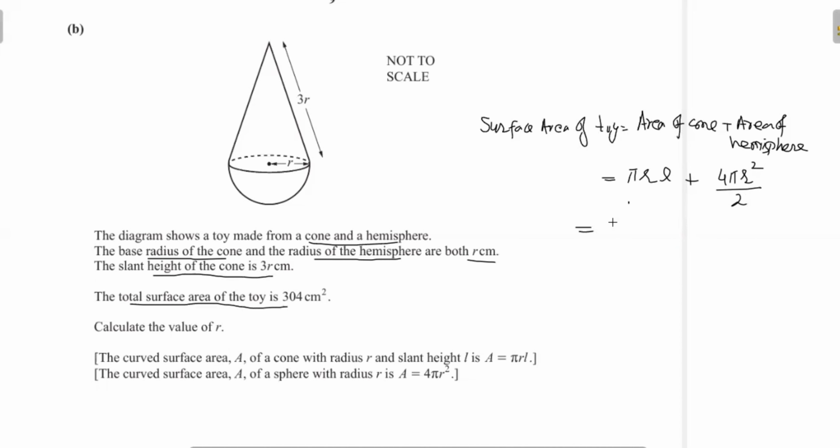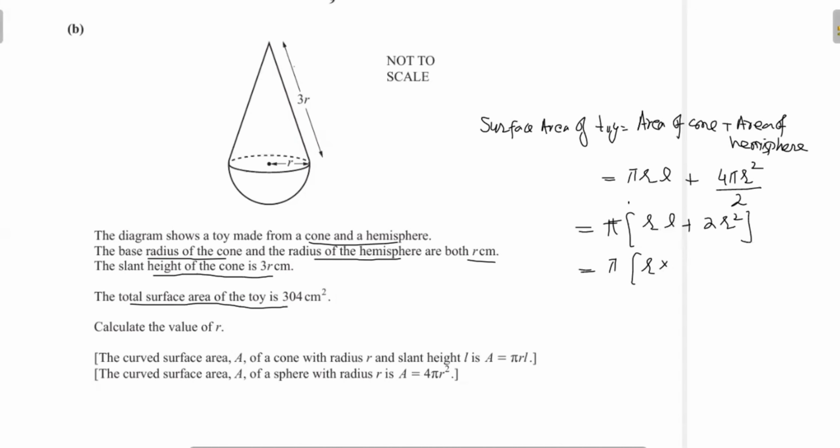You see here the pi is taken as common. We get r l plus 2r square. The radius is the same for cone and hemisphere, therefore we write pi into r as it is.